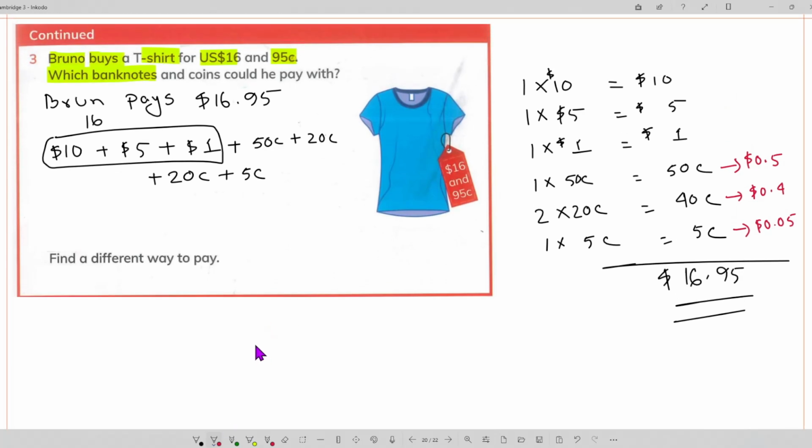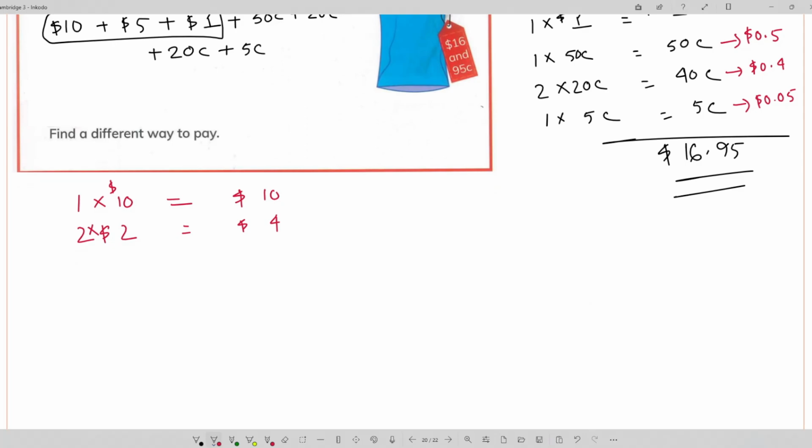Suppose he can use 1 times $10, it's $10, right? Then he can use $2, so here is $4. Now he can use $1, it means $2, right?